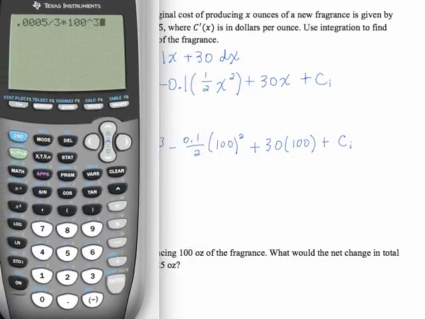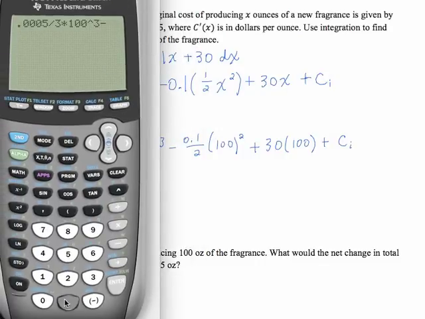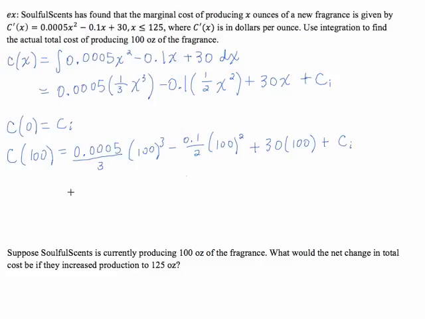Okay, minus 0.1 over 2 times 100 squared plus 30 times 100 to get 2,666, if we round to the nearest penny, 0.67. So that's about $2,666.67 plus C sub I, that constant of integration.